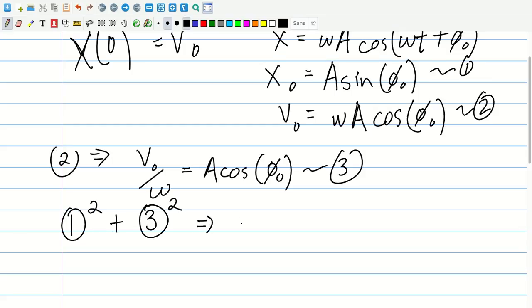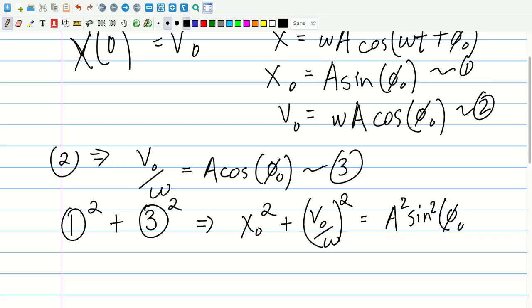And you end up getting x naught squared plus v naught over omega squared equals A squared sine squared of phi naught plus A squared cosine squared of phi naught.